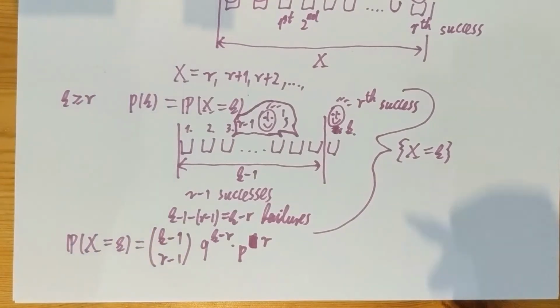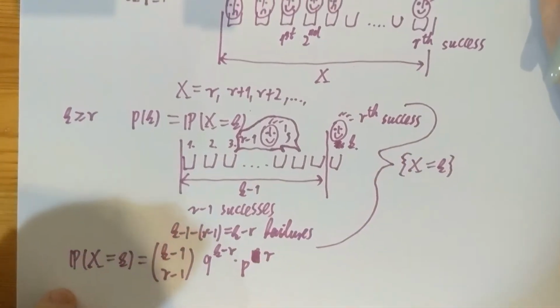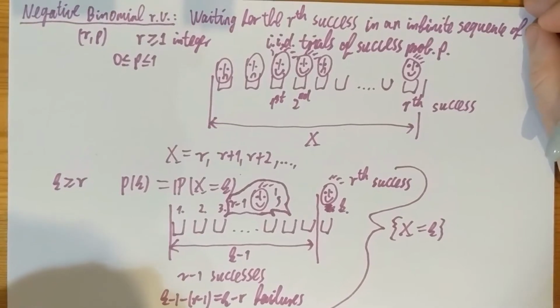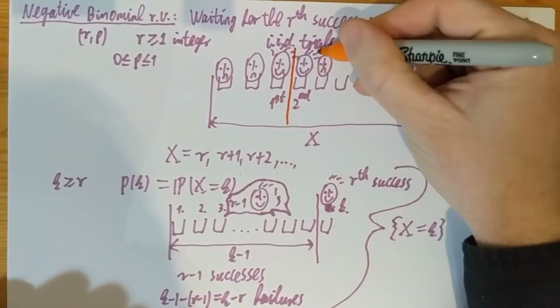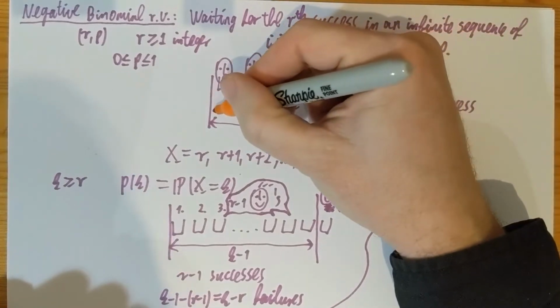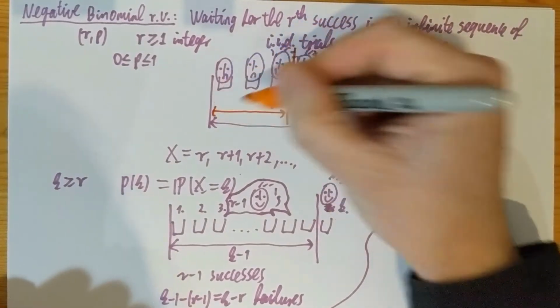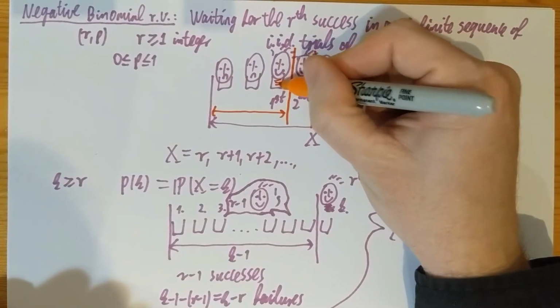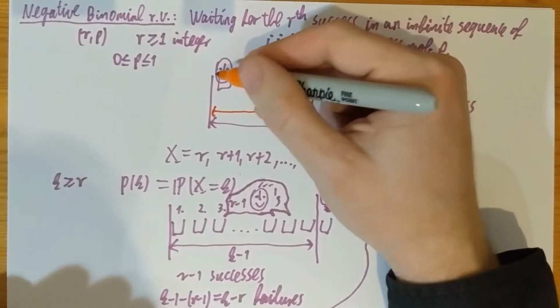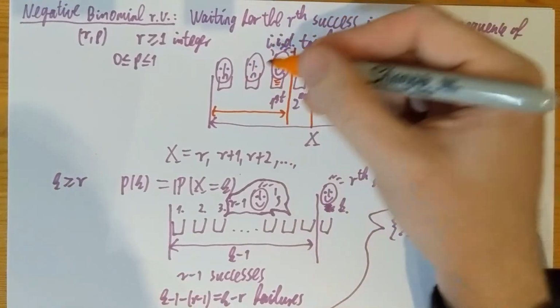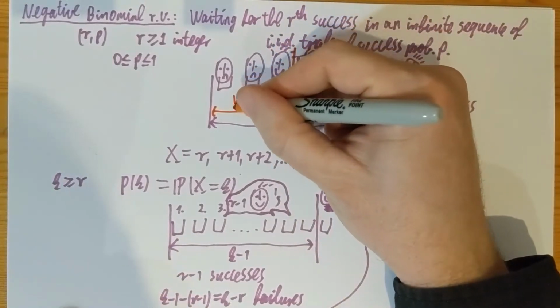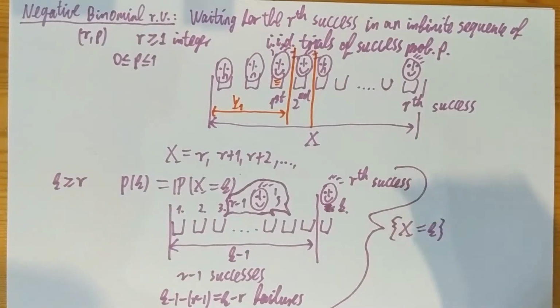Another remark I want to make here is a very important observation. Namely, if you look at the distance until the first success, notice that this is the first success. This distance here, this random number of trials needed until the first success, is going to be what I call y1.